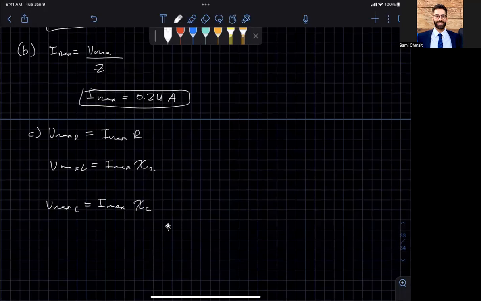And we know what I max is, we just solved for that before. And we already know what R is. We solved for XL and XC. Each of these expressions comes out as follows. So that's 48 volts, this is equal to 13.6 volts, and this is equal to 9.6 volts.